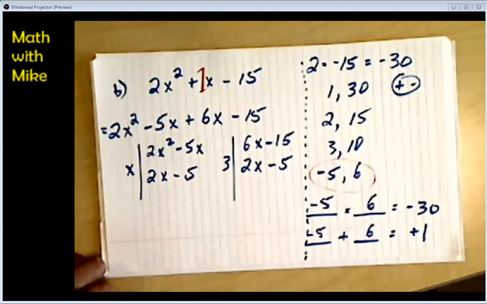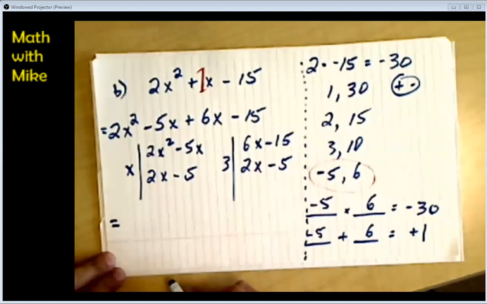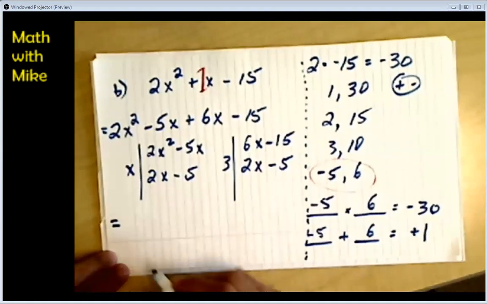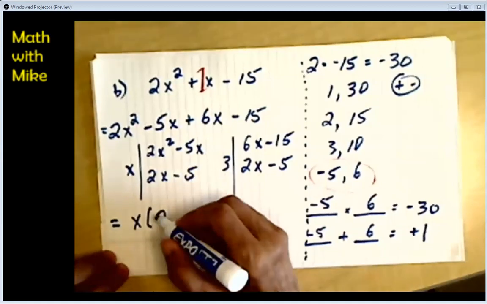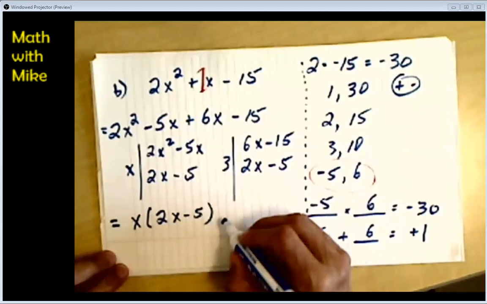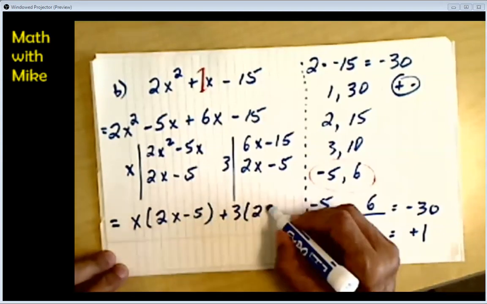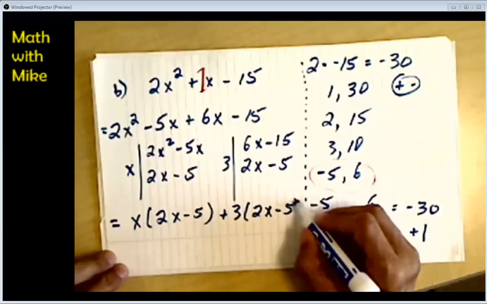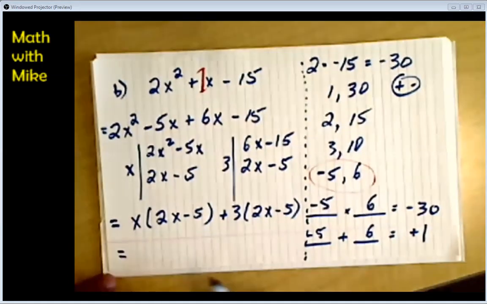Okay, and nothing else. So what can we write? Yeah, x bracket, and then 2x minus 5. Nice, those come down like that. And then I think we can finish this up with what we get here at the end.